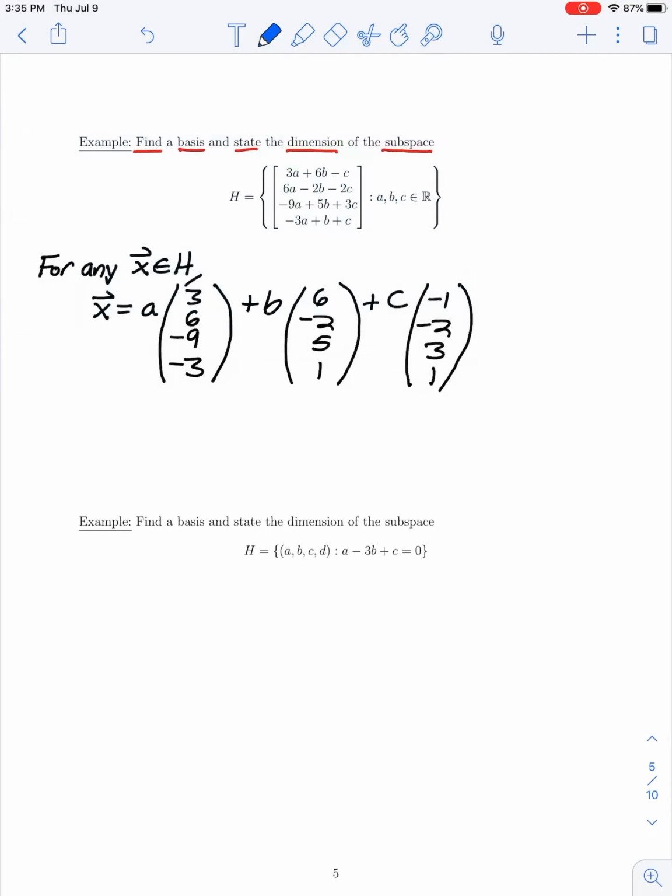So these 3 vectors, let's call V1, V2, and V3.